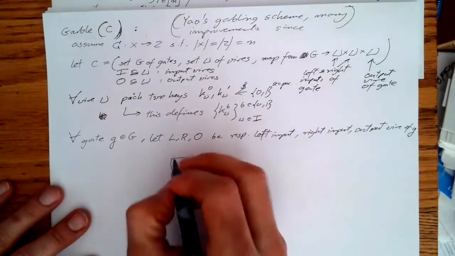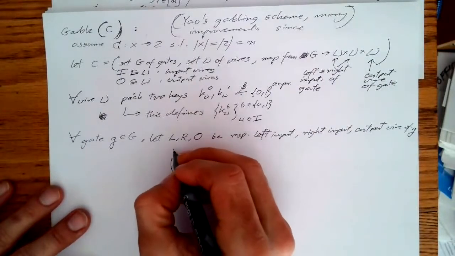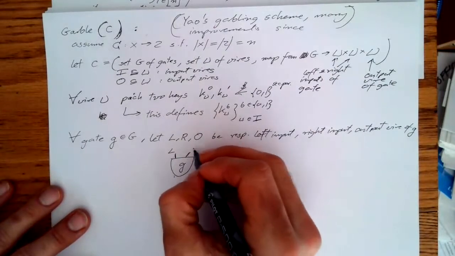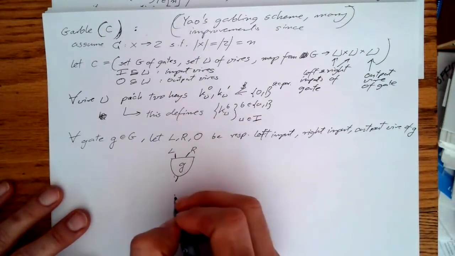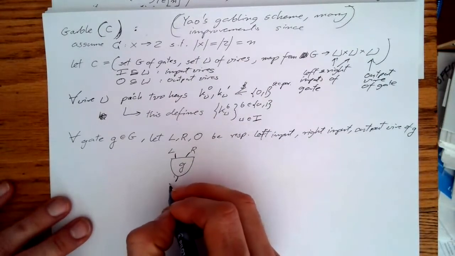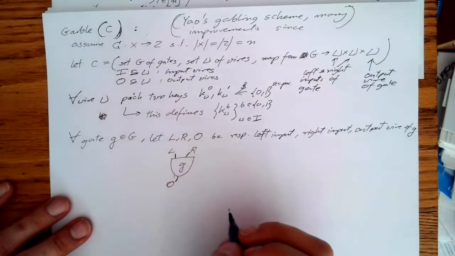This is my gate G. It has an input wire that I'm going to index L, an input wire I'm going to call R, and an output I'm going to call O.